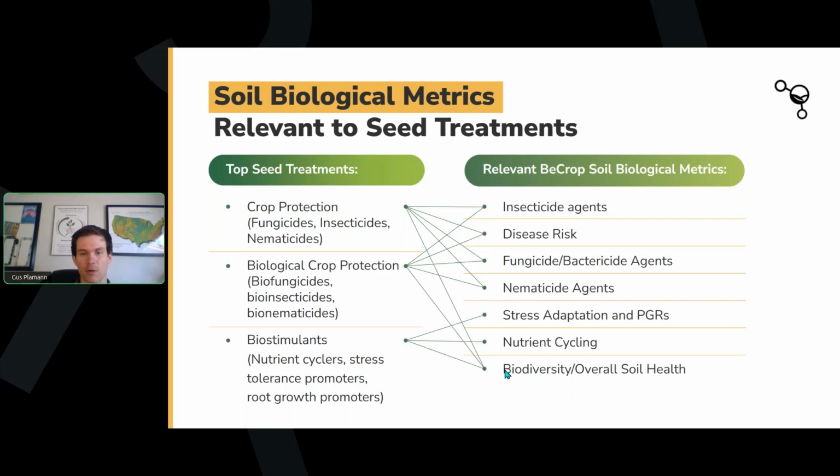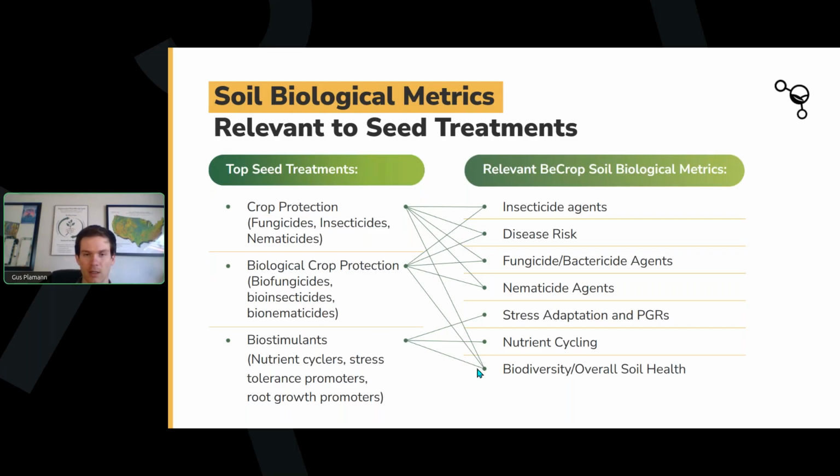And having an overall idea of what the biodiversity, what that soil microbiome looks like, can give you an idea of whether or not to prioritize biosolutions, as I'll define them: biostimulants and biological inoculants. Or maybe in some cases you do have soil that is functioning at a high level, and if you have a significant issue, then conventional crop protection products can be a valuable tool in the toolkit.